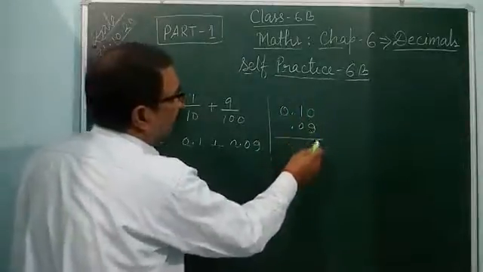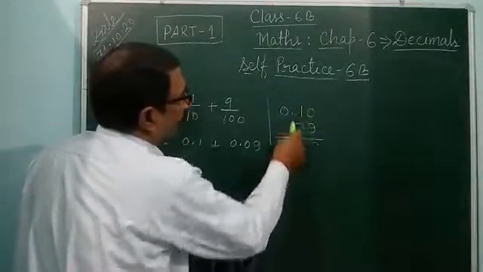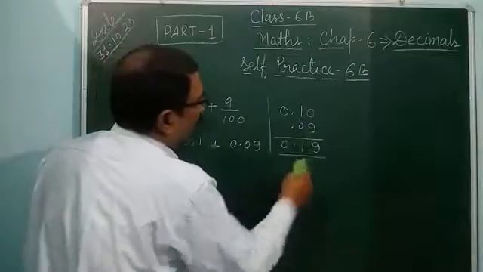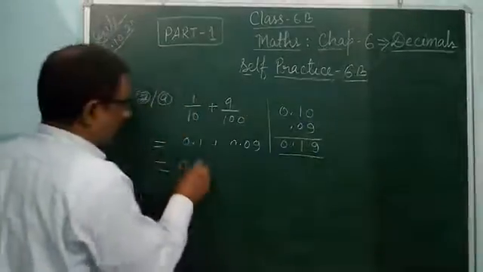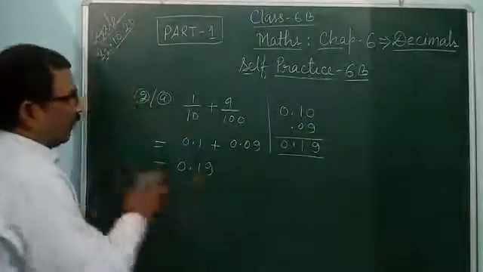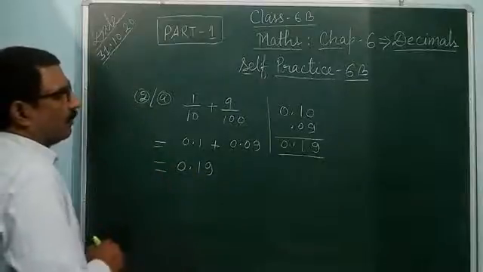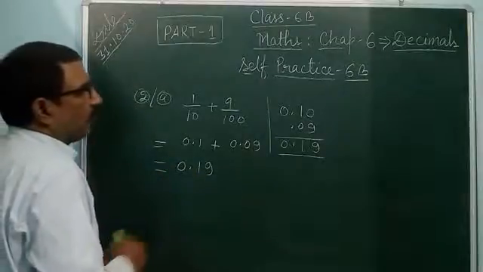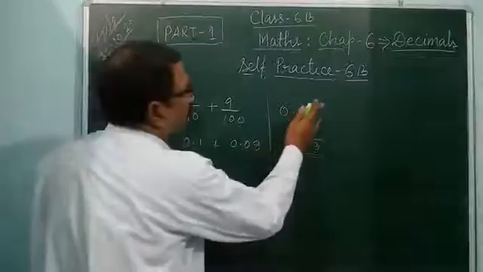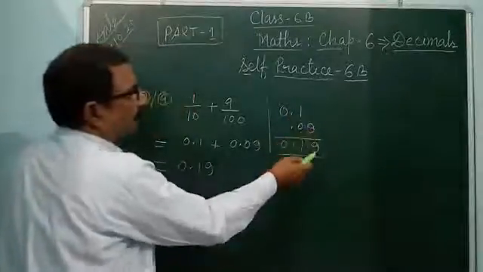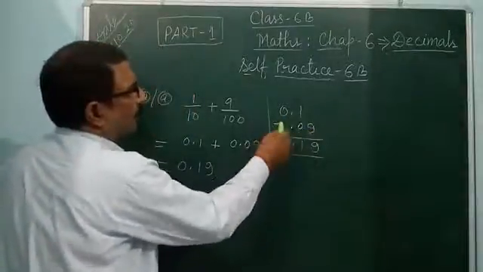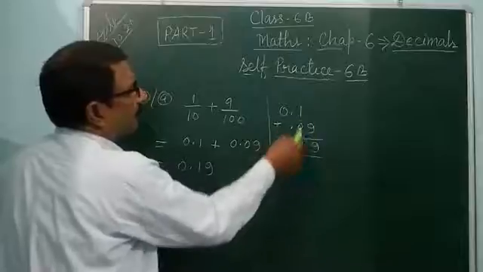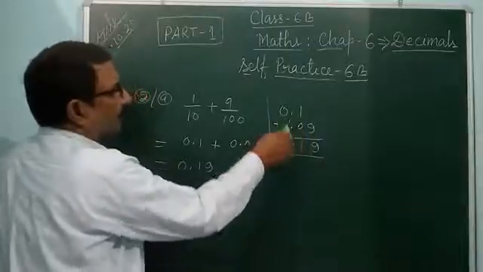So you write 9 here and 1 here, and the point and 0 here. So 0.19. Also you can write it like that. If you want to, you can remove the 0 also, it does not matter.